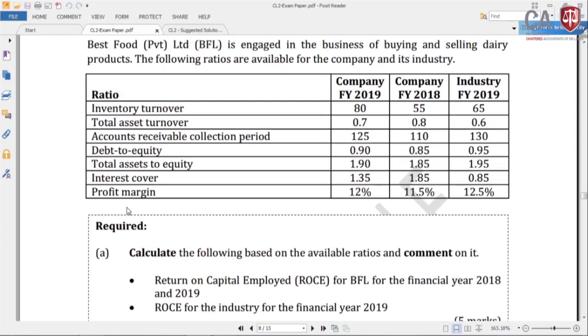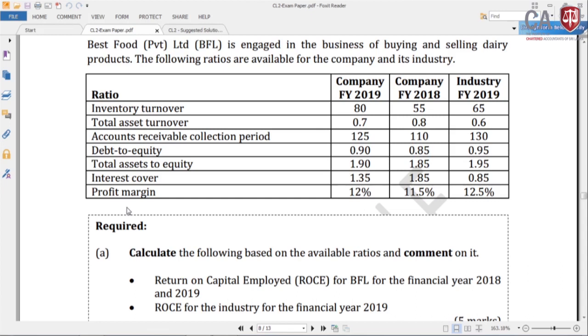To discuss asset management efficiency, you need to look at all the turnover ratios.